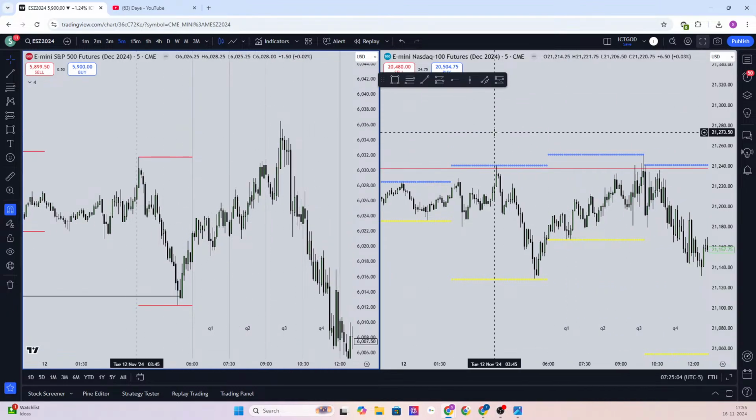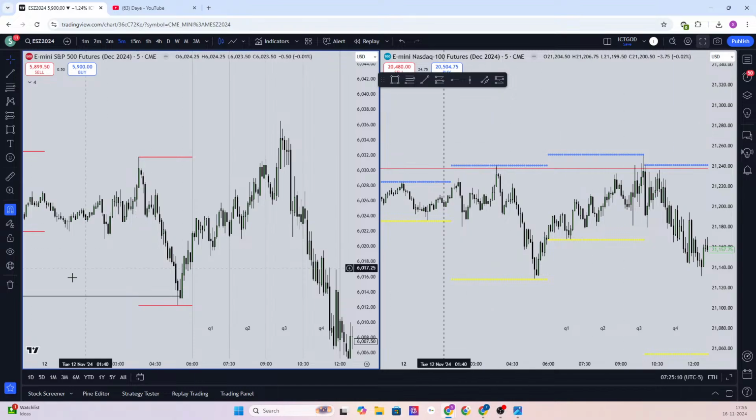Let's see if I actually traded something on Tuesday. Give me 2 minutes. I'll just check my trades and I'll show it to you.